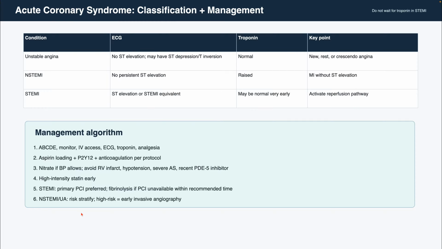If it is a left side MI, then we don't give fluids, but nitrates are avoided generally in the case of RV, right sided MI. High intensity statin we need to give early, and in STEMI, primary PCI, prefer fibrinolysis if PCI unavailable within recommended time.